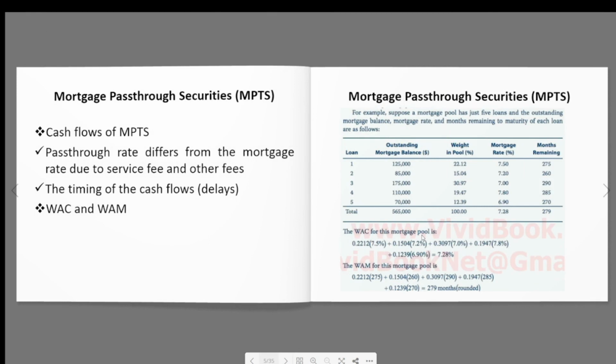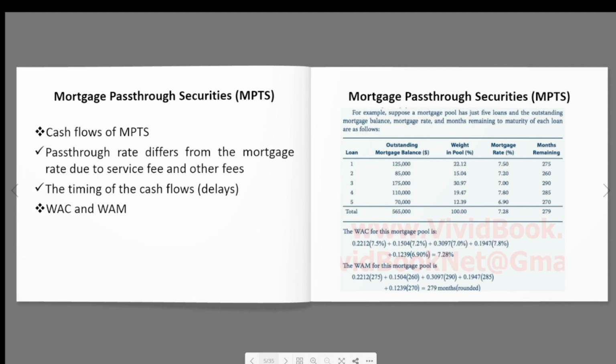Let's look at the cash flows of MPTS. The pass-through rate differs from the mortgage rate due to service fees and other fees. The timing of the cash flows is delayed. Now let's have a look at weighted average coupon and weighted average maturity.